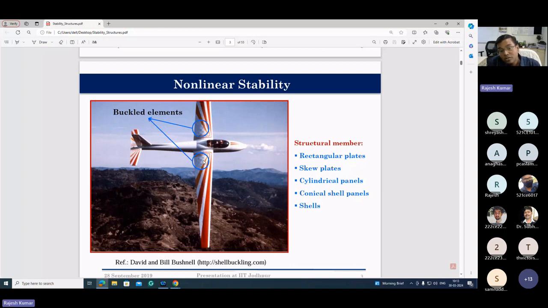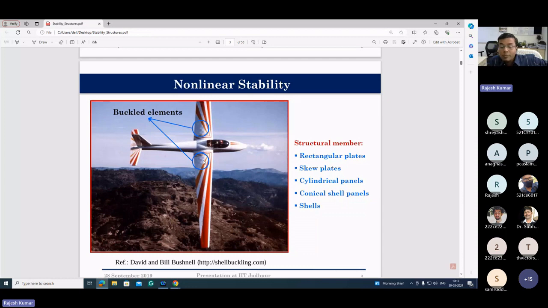Why? Because plates and shell panels, skin plates, have reserve strength. They cannot be discarded even though buckled. Okay, loss of stability, we cannot discard. To optimally design this type of structures, aerospace structures, nuclear structures, ship structures, you should have knowledge of nonlinear stability because they have reserve strength.